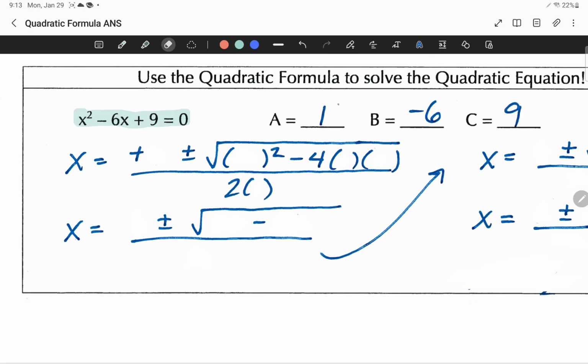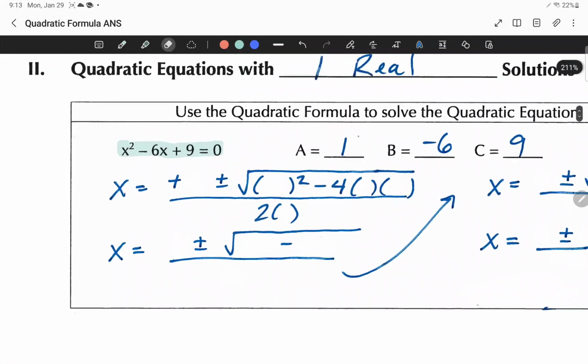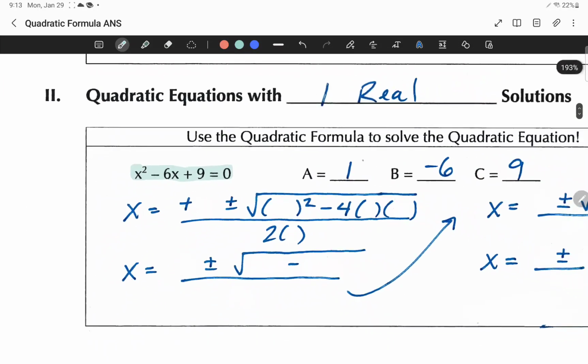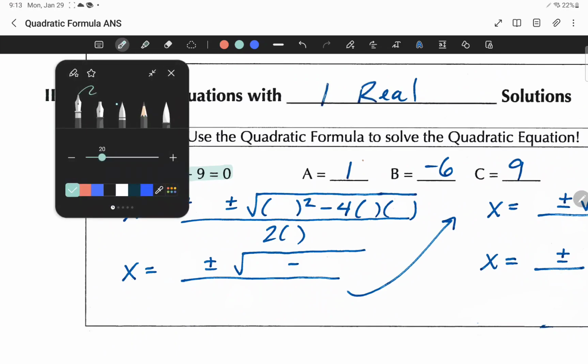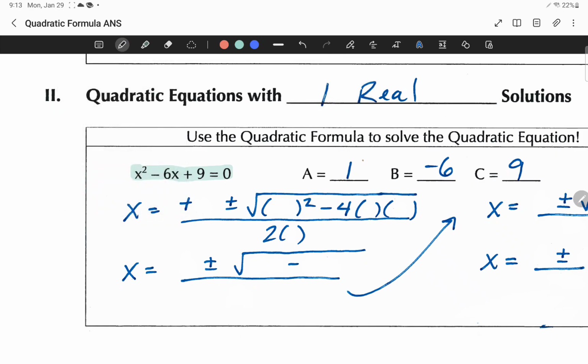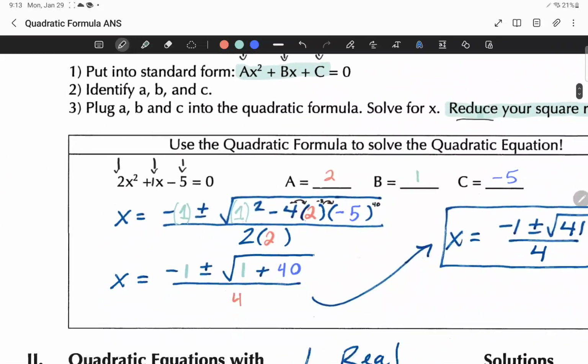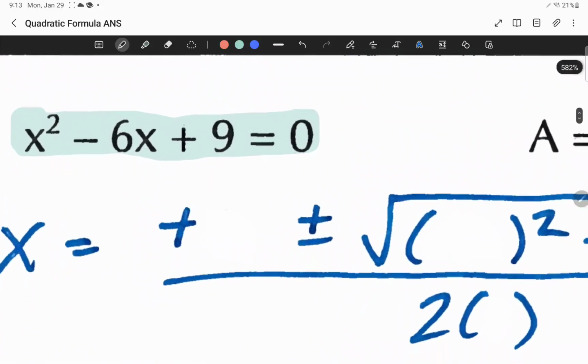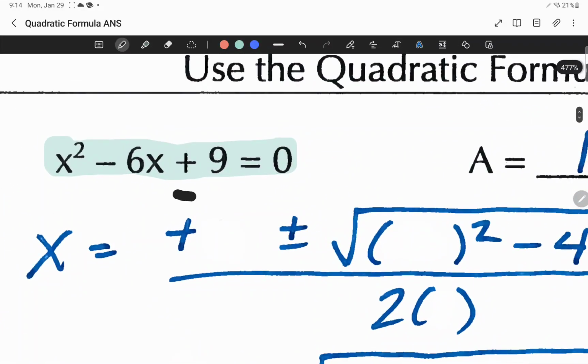Now, this is what I was talking about, and I'm going to showcase it over here on the top. Over here, you're going to see at the very beginning, we have B equals -6. Now, what this is going to do to our equation here for the quadratic formula is turn it into a positive. So we have negative. This is the formula, right?